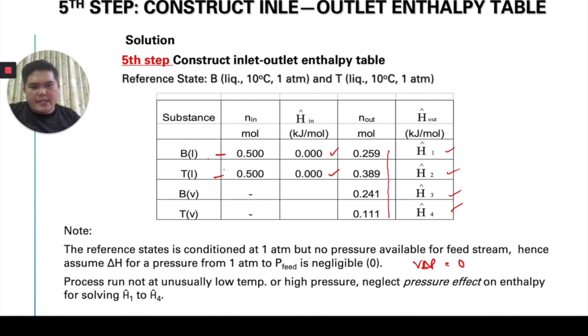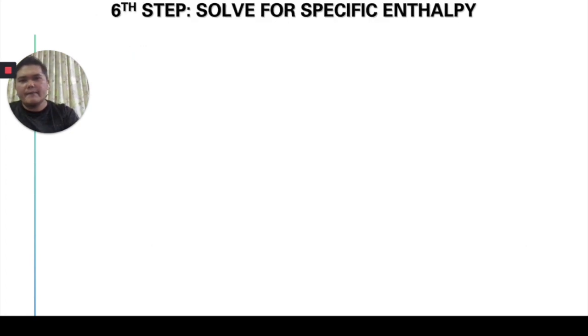For a process that is not run at unusually low temperature or high pressure, we can neglect the pressure effect on enthalpy when solving for H1 to H4. For example, if it has to do with an ideal gas, we can simply neglect the effect of pressure. Any term with V delta P, we can simply neglect.